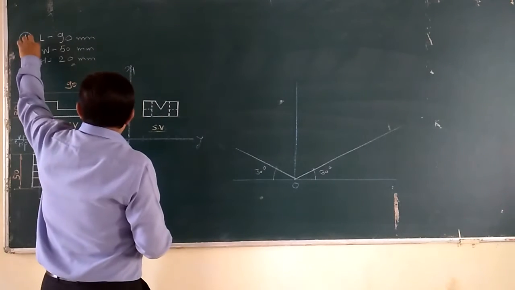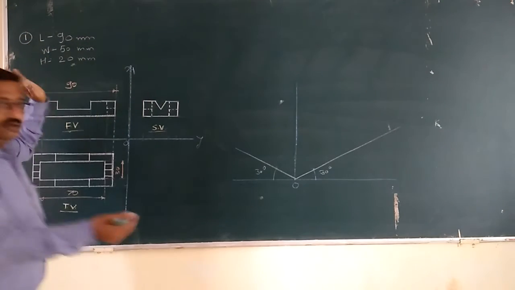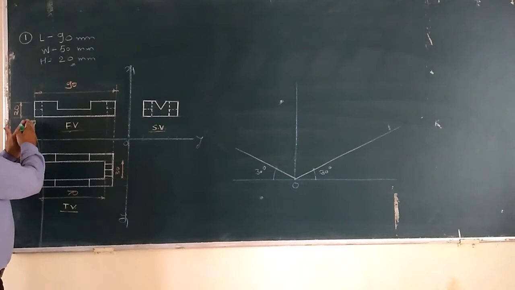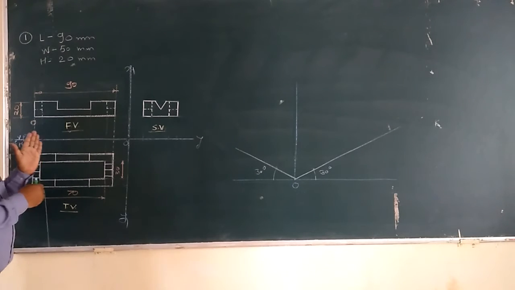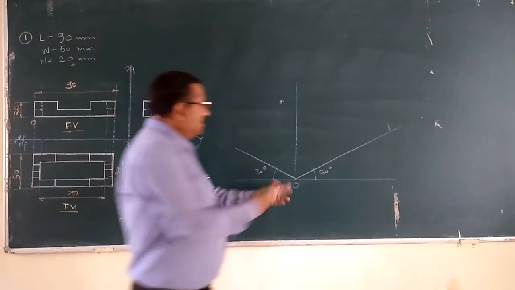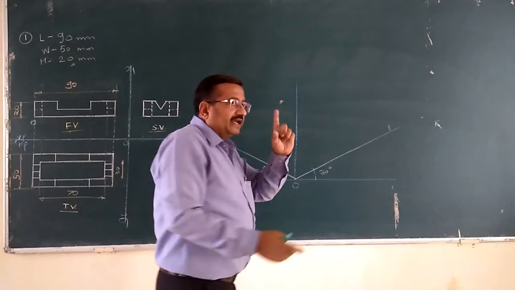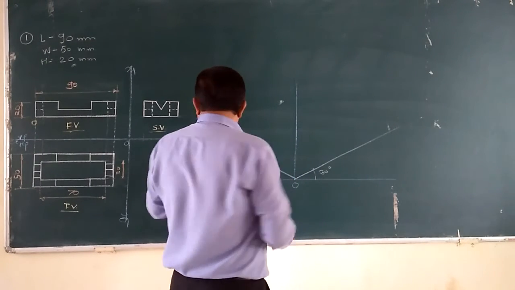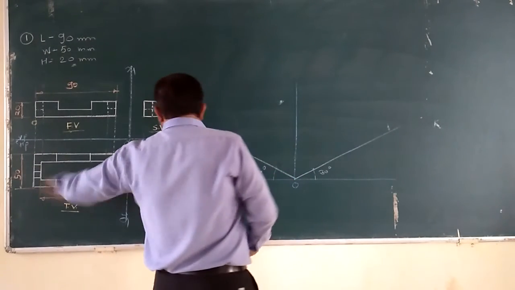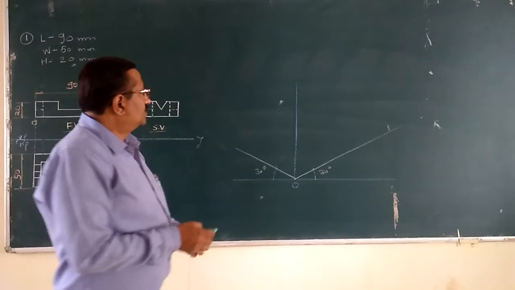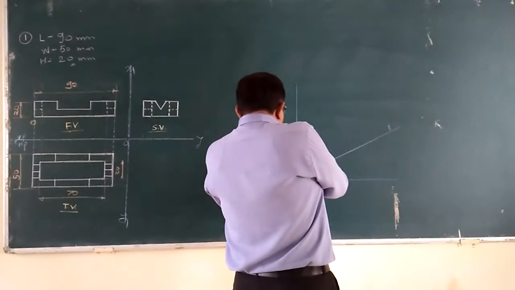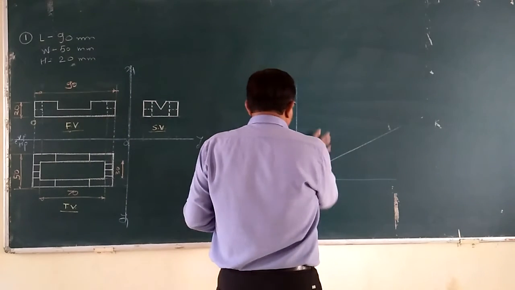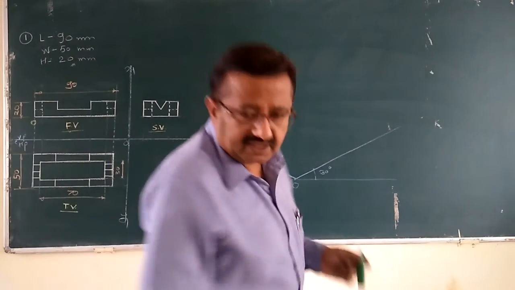Now we have to use L, W and H from here. Just now we discussed that on the right side of O, the length is given. So the right 30 line should carry the length. Naturally the height will be shown vertically, and on the left 30 line we have to locate the width. The height is 20 mm.